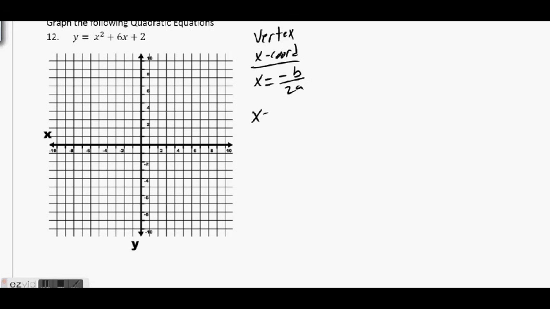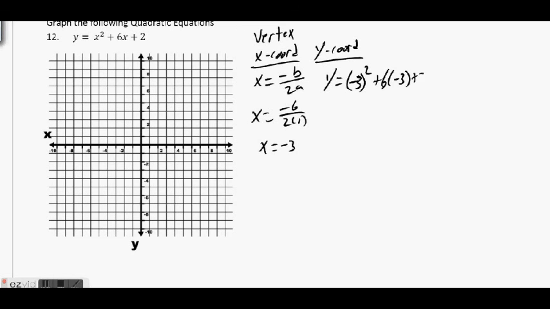And now I find the y coordinate by simply plugging it in. Y is equal to, do you notice parentheses? Negative 3 squared plus 6 times negative 3 plus 2. Mental math or some calculator work, and we end up with negative 12.